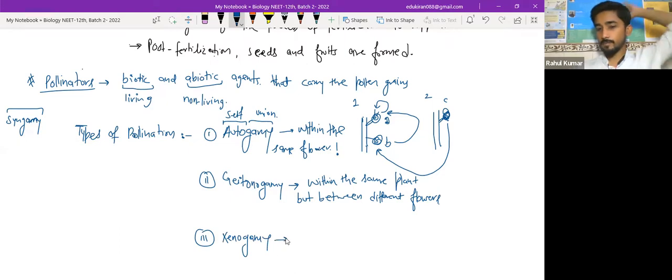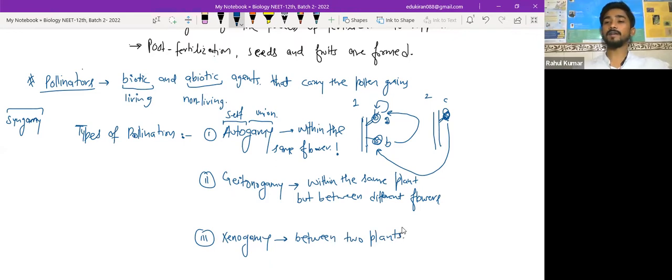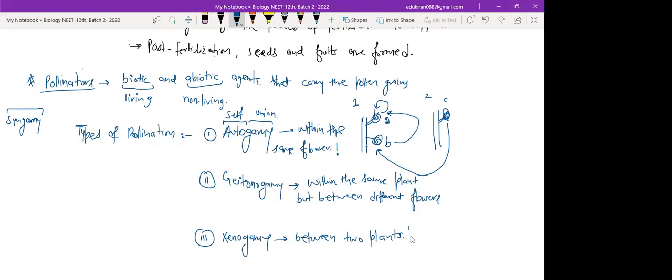So this is one pure cross, because this means between two plants. If it is clearly between two plants, we don't need to worry about the flowers. Of course, they will be different, right? So between two plants.